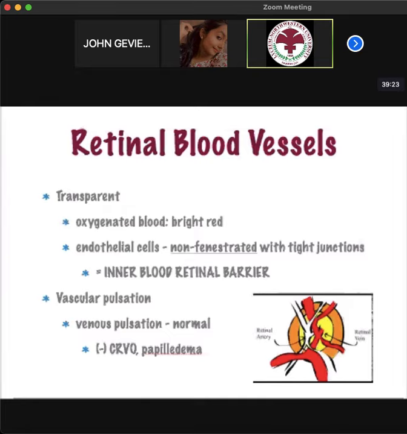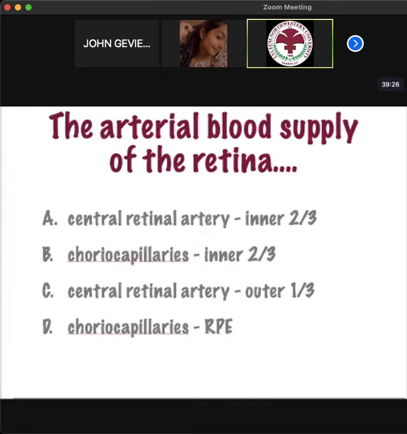So, on the arterial blood supply of the retina, which statement is correct? A, central retinal artery supplying the inner two-thirds. B, choriocapillaries supplying inner two-thirds. C, central retinal artery supplying the outer one-third. D, choriocapillaries supplying the RPE. So what's the answer?